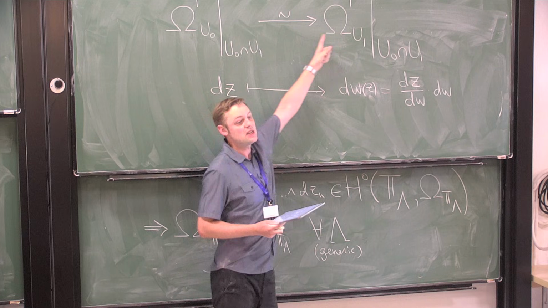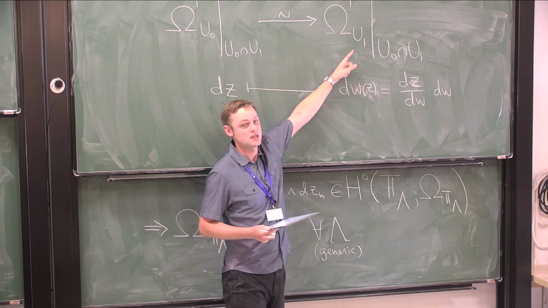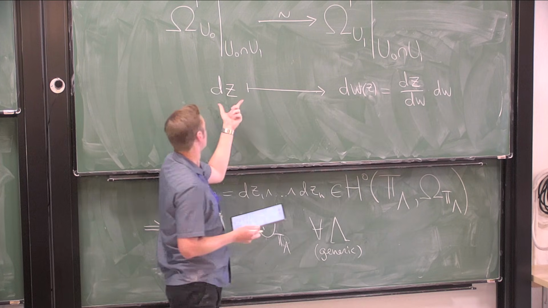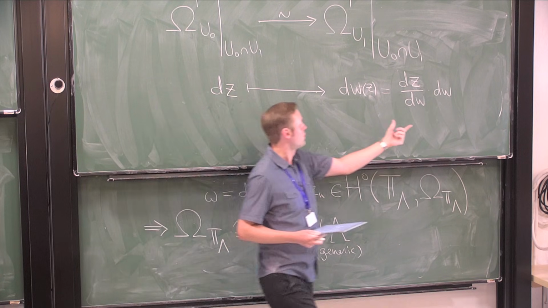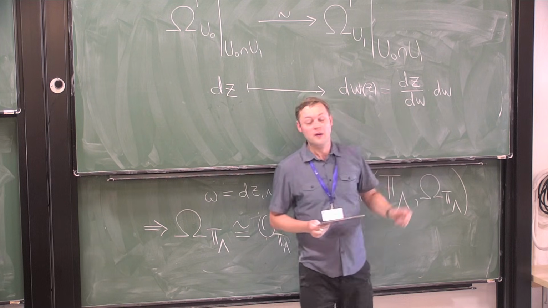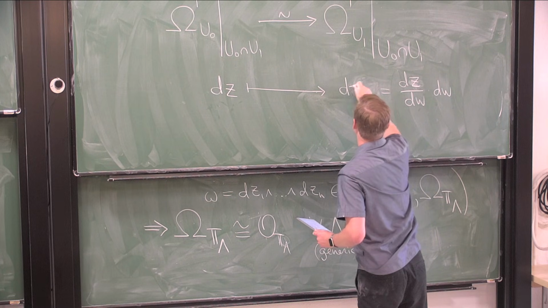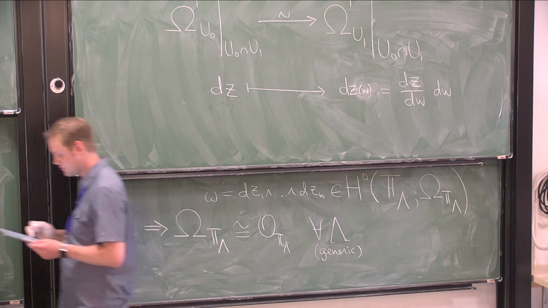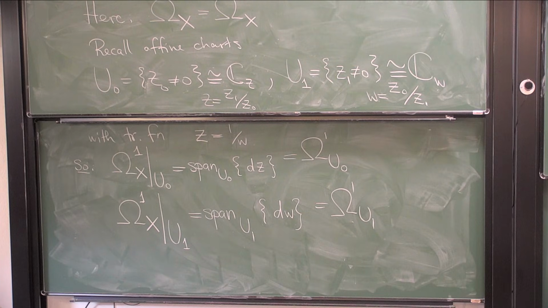I'm just giving you a linear isomorphism between these two one-dimensional vector spaces. The formula for this isomorphism is that it takes vector v1 to vector v2 with this coefficient, dz of w. Okay, so that's the formula.